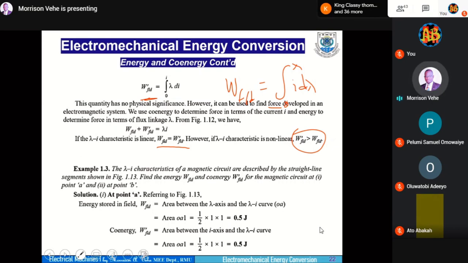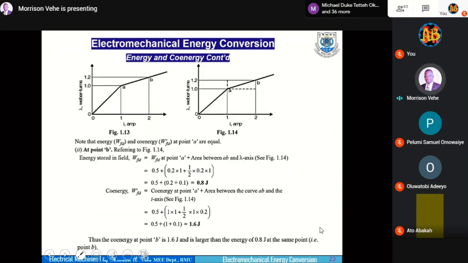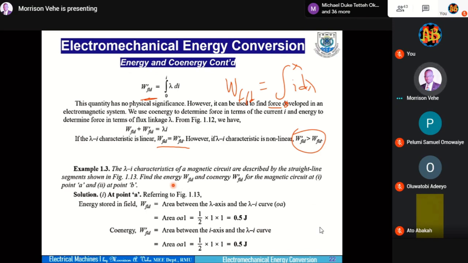If you have a linear situation, like I have drawn this particular line, this one, you will have this: the field energy will be equal to the co-energy, in terms of the field. So if you solve this first problem, it will explain that.